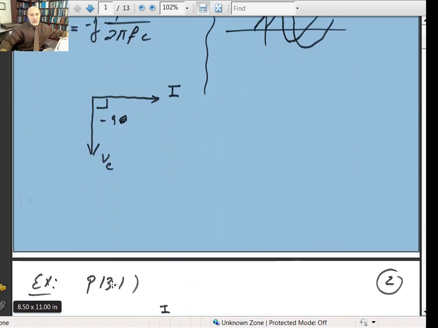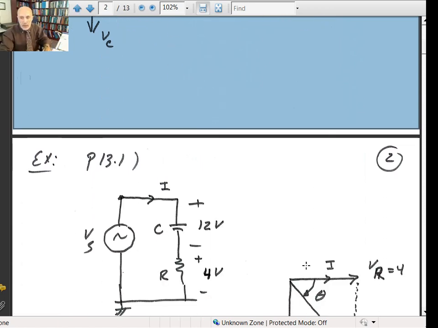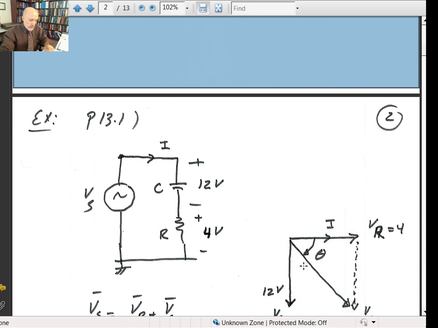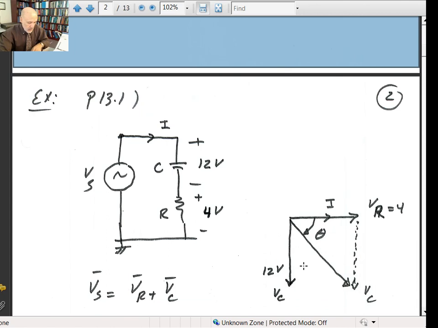Let's do an example problem number 1. They give you an RC circuit. It's on page 417.